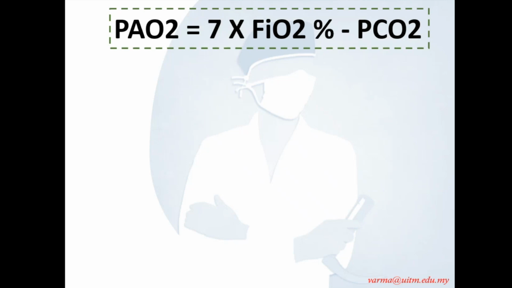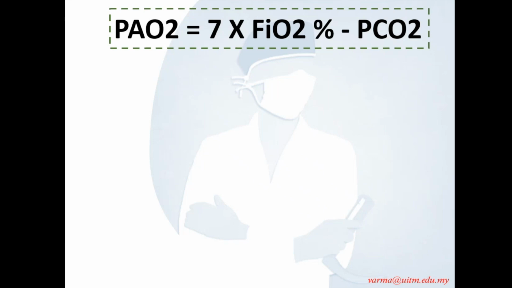Let's say a patient is being ventilated with FiO2 of 0.6, which is 60%, and you take an ABG, and the person has a PCO2 of 45 mmHg. 7 times 60 is 420. 420 minus 45 is around 375 if I'm not mistaken. Let's put it at 40, so you get 380.